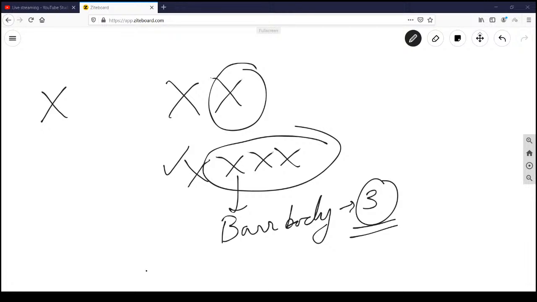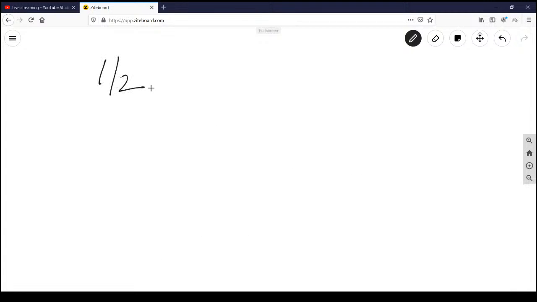Now how will you find out the probability of four sons to a couple? So let's do it. The chance of having a certain sex of child is 1 by 2, right? Very easy, a little bit of mathematics.